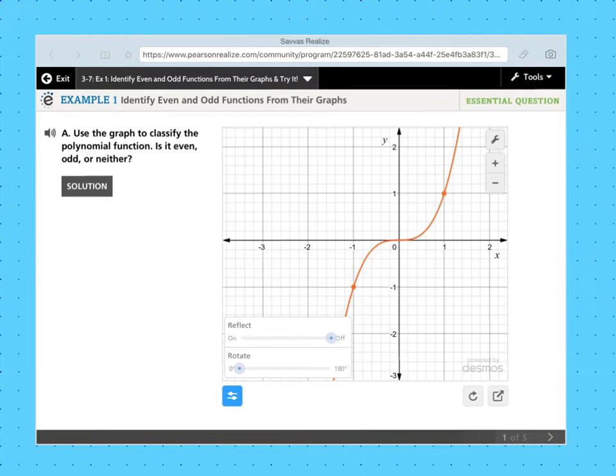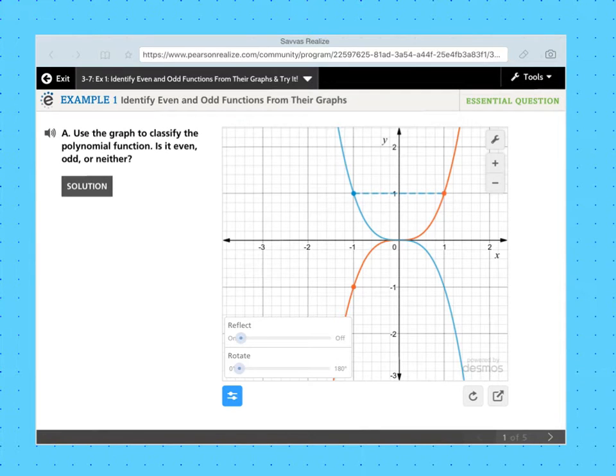I'm going to reflect this red function around the y-axis. Notice that the red point where y equals 1 moves over to the left-hand side. Y still equals 1, but at this point, the corresponding x value is negative 1. So in other words, when I rotate it over, that red line really should disappear, and the blue function remains.